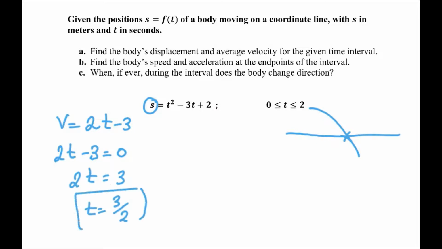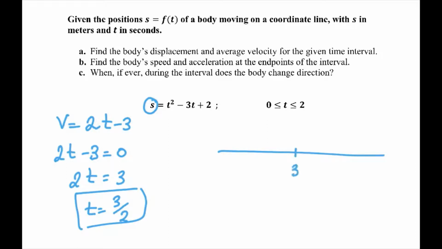So at 3 over 2, the function will hit the x-axis, or the time axis. So if I have 3 over 2 here, I know that the velocity here is equal to 0.